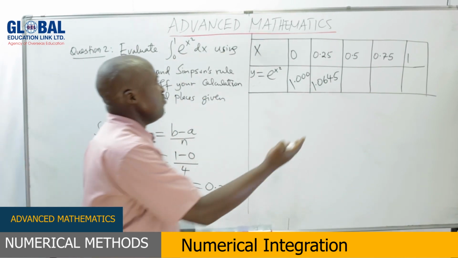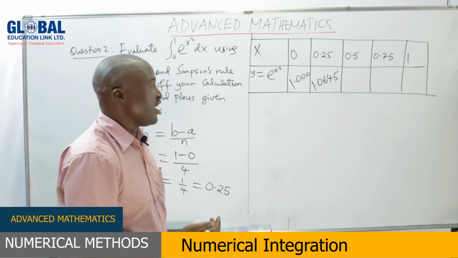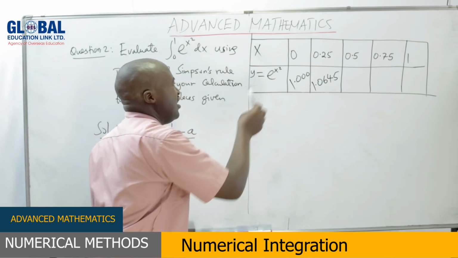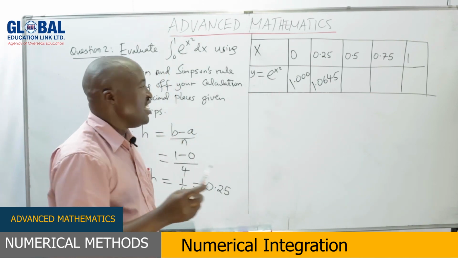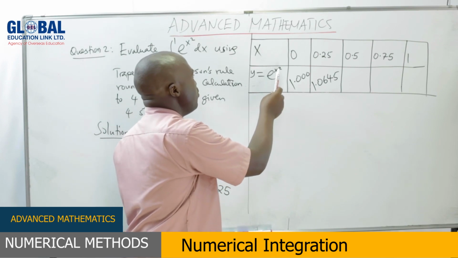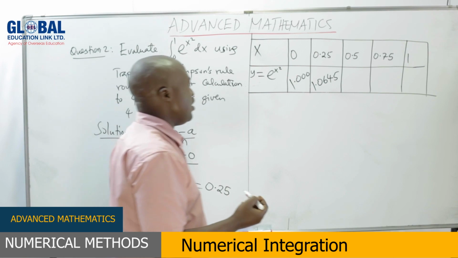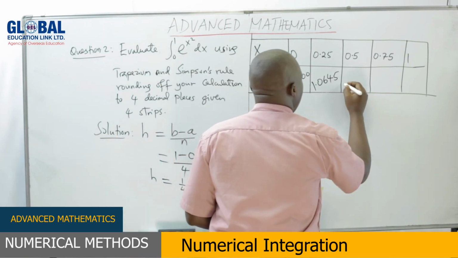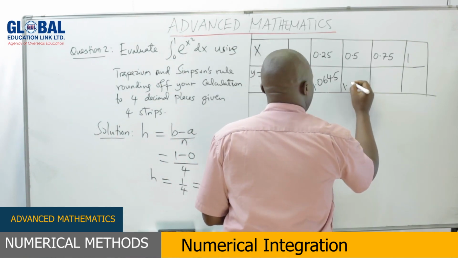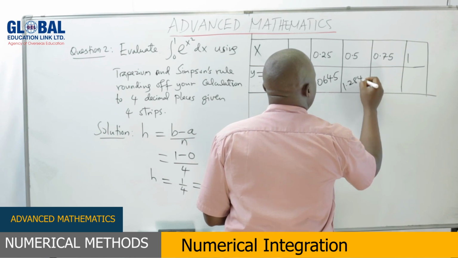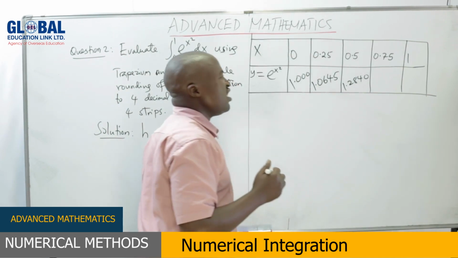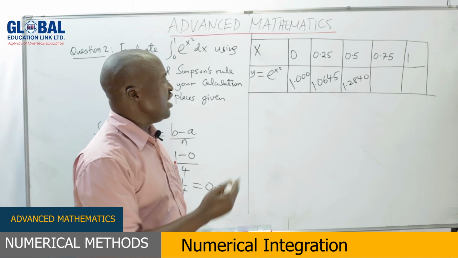So the next we have 0.5. So again, you substitute 0.5 here. That will be e exponent 0.5 squared. So again, by using a calculator, you are going to have 1.2840. So you do the same for 0.75 and 1.